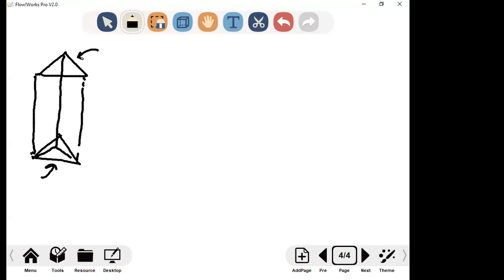2 of them are equal, which means the triangles, triangle at the first, triangle at the second. And we know the area of the triangle, half BH, remember? And we have the 3 other rectangles. I will find them each alone, okay?